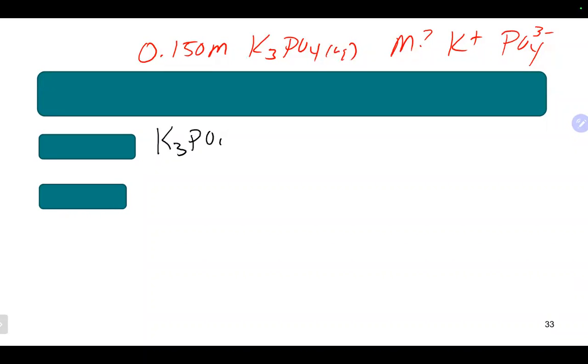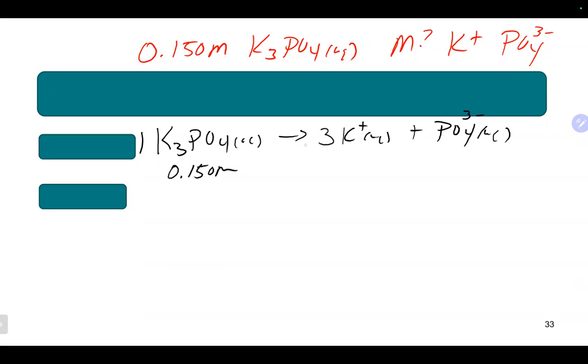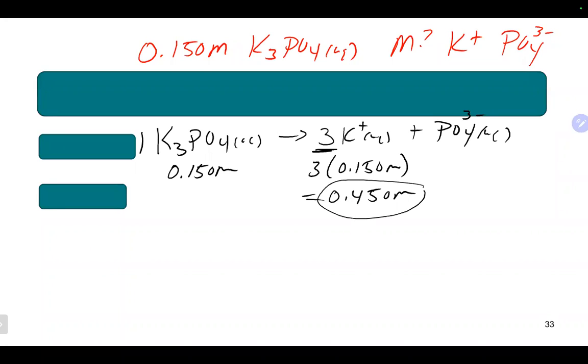So this potassium phosphate will break apart into 3 potassium ions and 1 phosphate. Since the whole thing here is 0.15 molar, it is a 1-to-3 relationship for the potassium, which means we would take 3 times 0.15 molar, which would give us 0.45 molar for the potassium ions floating around there.